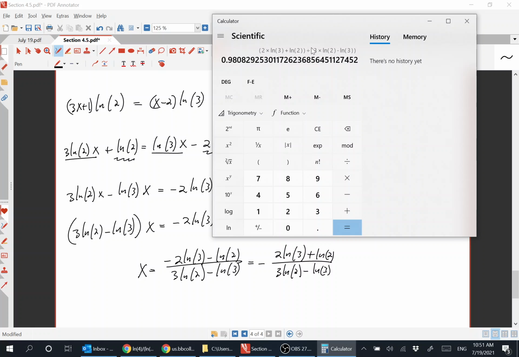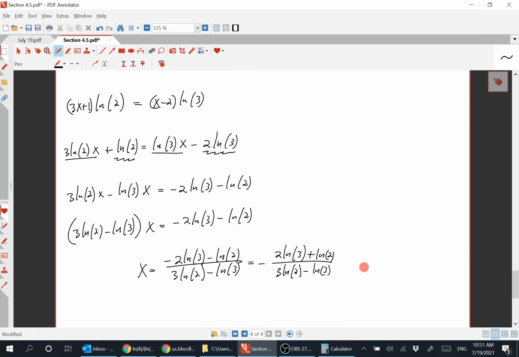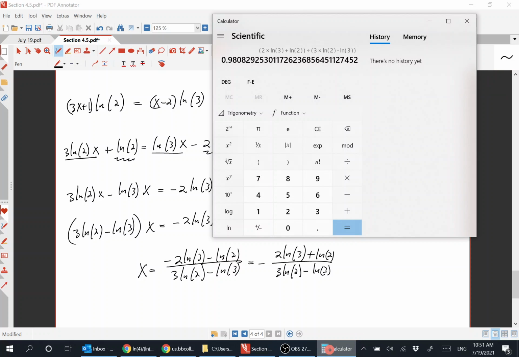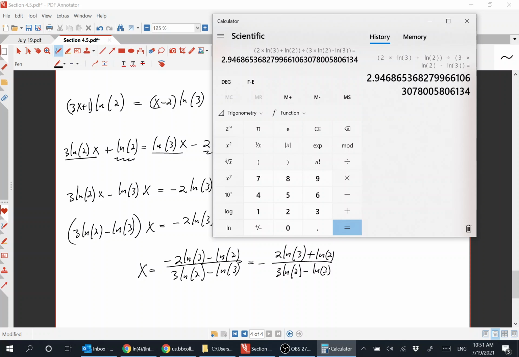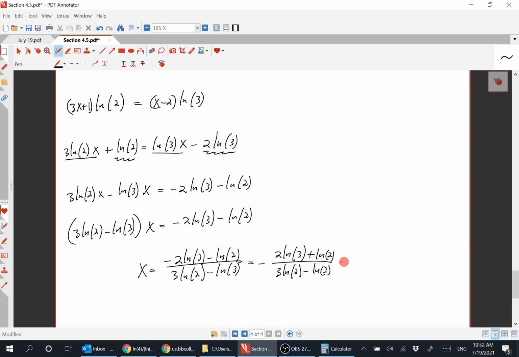If you leave the parentheses out on the top, it'll only apply the division to the natural log of 2. So it has to be typed in like that. And that's equal to 2.9468, or negative.